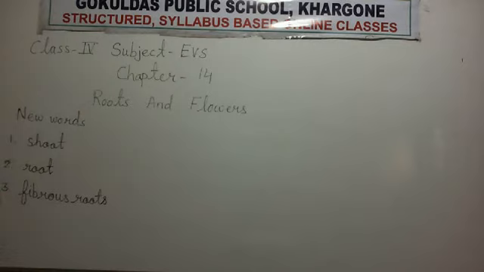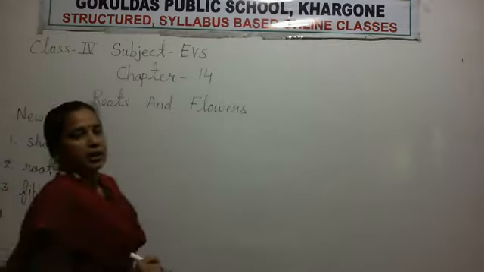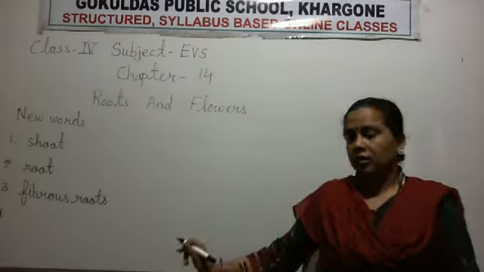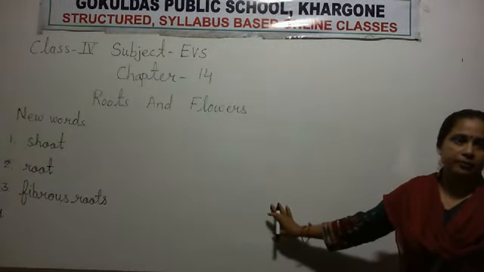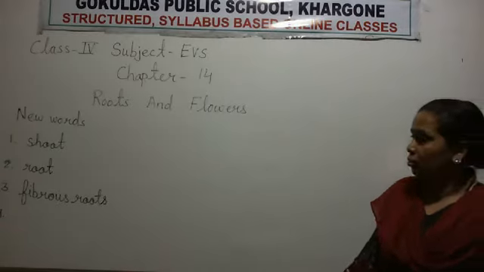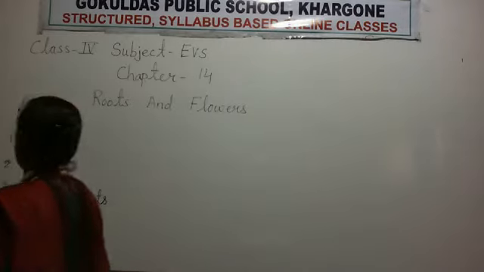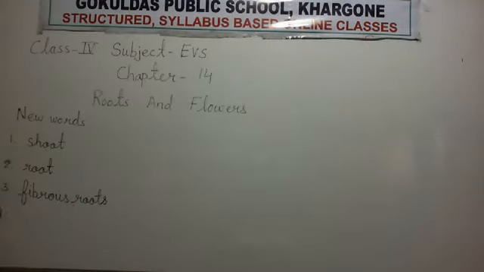This is the type of root that is found in the small plants, that is herb, shrub. Clear? And I also explained the structure of the fibrous root at the time of explanation. Fibrous roots, F-I-B-R-O-U-S.